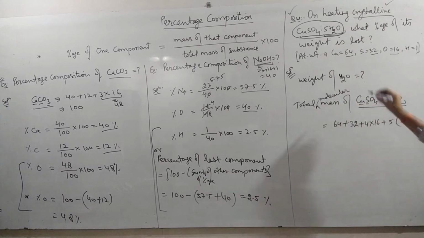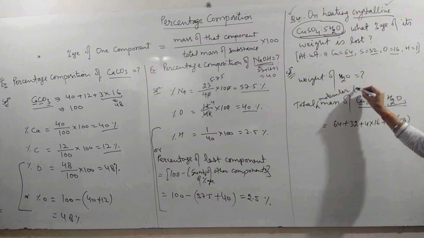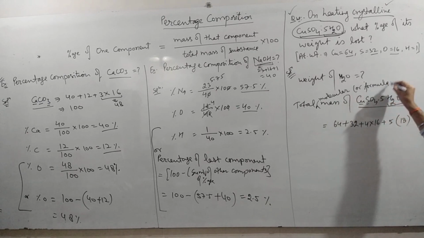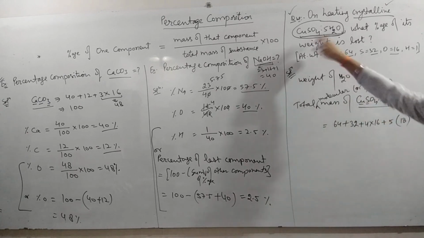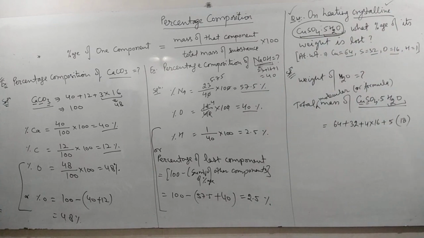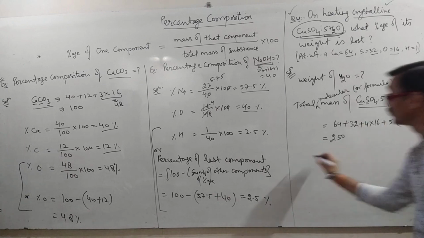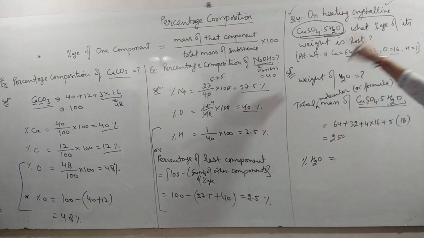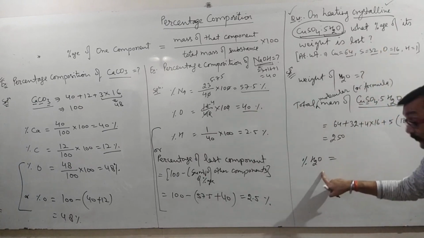In fact, it is better to say total formula mass, the formula of crystalline copper sulfate. So it is equal to 250.